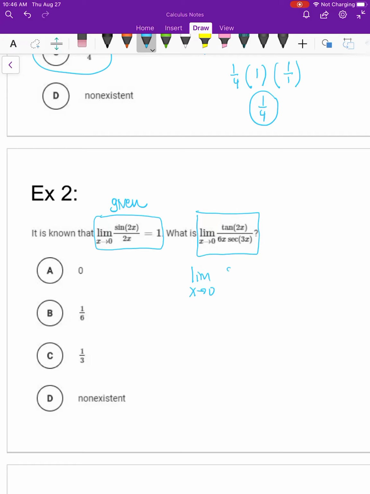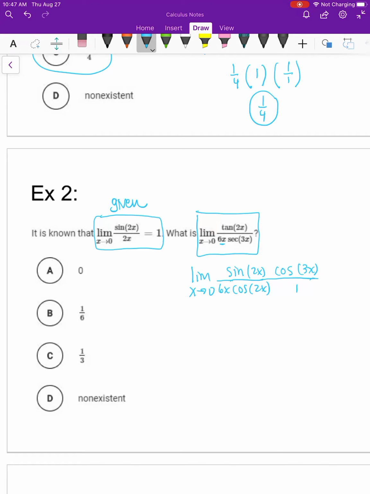So tangent is sine of 2x over cosine of 2x. I've already got my 6x. I'm just going to move that, this part right here was already there, so I'm going to move that in the front of cosine. Secant of 3x in the denominator is cosine of 3x in the numerator.